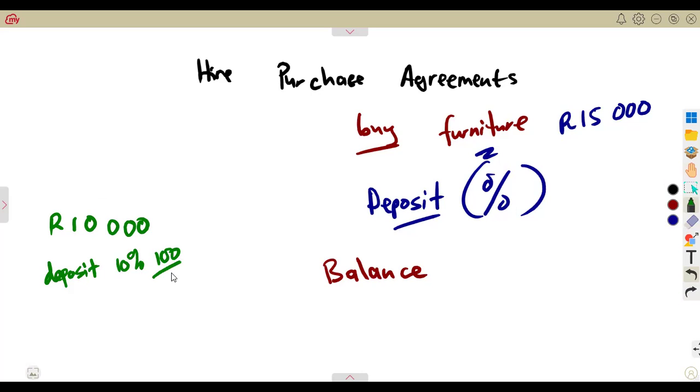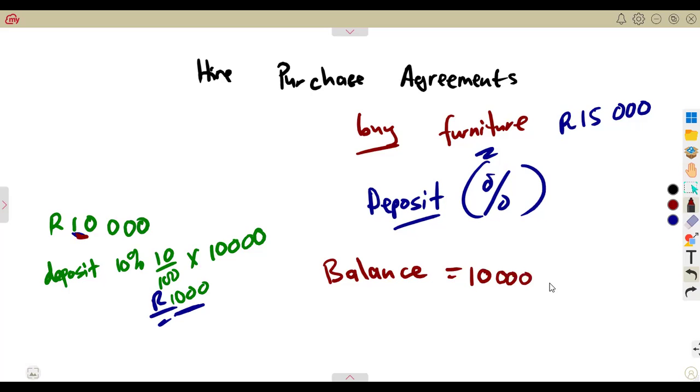Then you calculate 10% of this amount, and you get 1,000. So what has been paid is 1,000, and what is remaining is the balance, which is simply the difference: what you were supposed to pay, 10,000, minus what you paid, 1,000. So you are remaining with 9,000 to be paid.